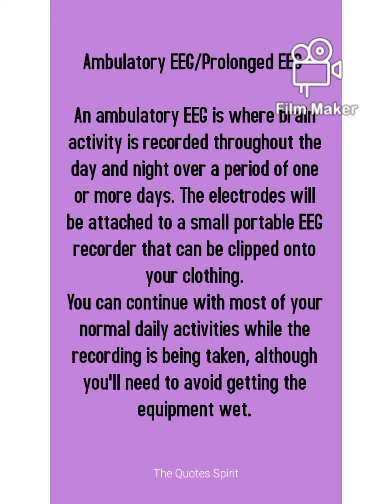The third type of EEG test is ambulatory EEG, or prolonged EEG. An ambulatory EEG, or prolonged EEG, is where brain activity is recorded throughout day and night, which is also called 24-hour format EEG. Over a period of one or more days, you can continue with most of your normal daily activities while the recording is being taken.